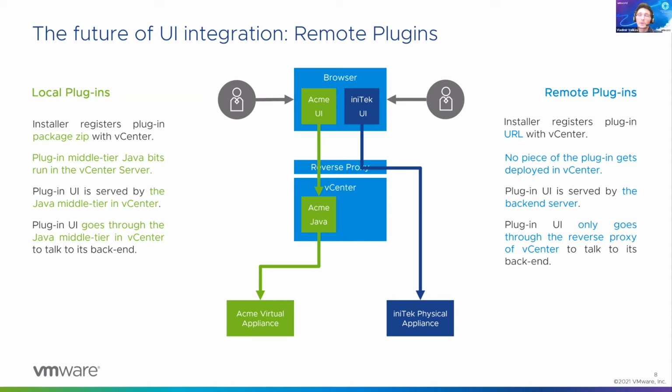And you can imagine what happens if there are multiple solutions which have specific deployed code inside the VCSA, and these solutions are not compatible with the new version of the vCenter. So in order not to block these upgrades, remote plugins have become the only supported architecture for the VMware Cloud in all its flavors.